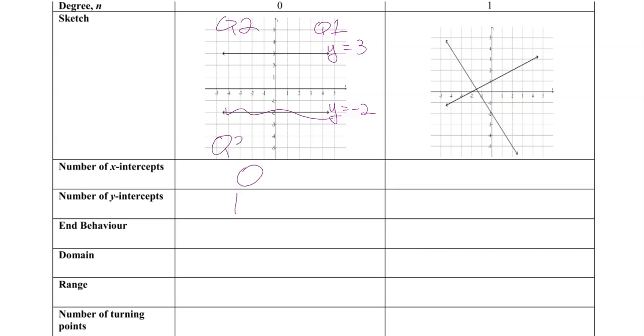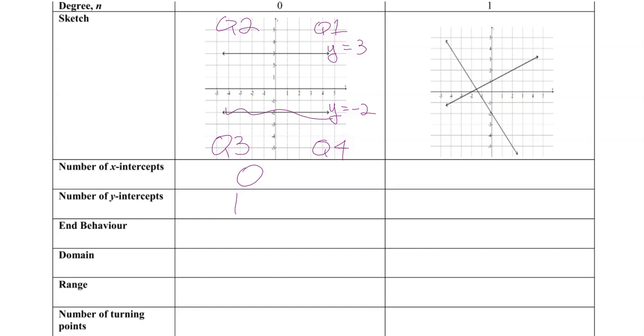The end behavior. So we have quadrants. Quadrant 1, quadrant 2, quadrant 3, quadrant 4. Okay? So it starts in the upper right with quadrant 1, and then it goes counterclockwise. So going around to the left, you have quadrant 2, then down to quadrant 3, then over to quadrant 4.